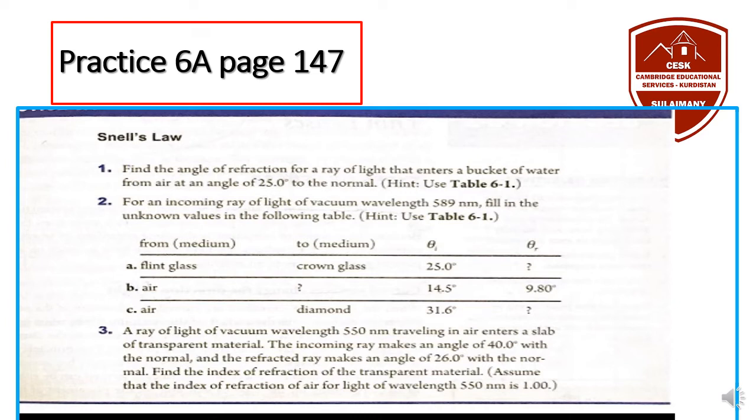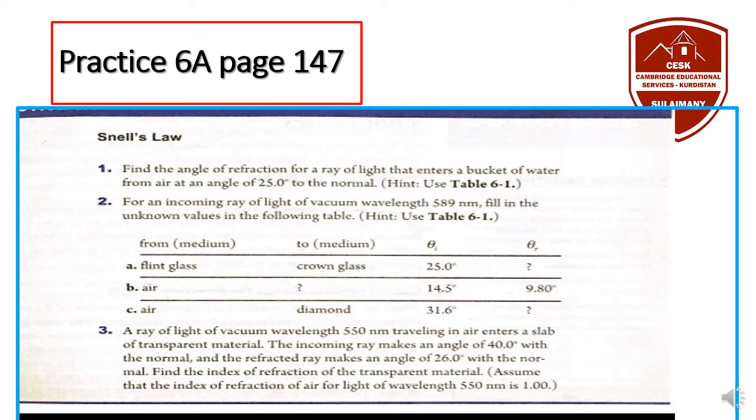Here question 2. In question 2, for an incoming ray of light of vacuum wavelength 589, this is source of sodium lamp, of course, but we don't need this. Okay.